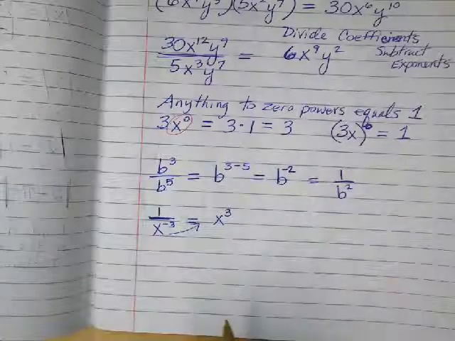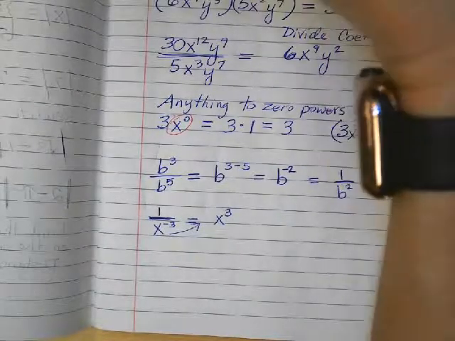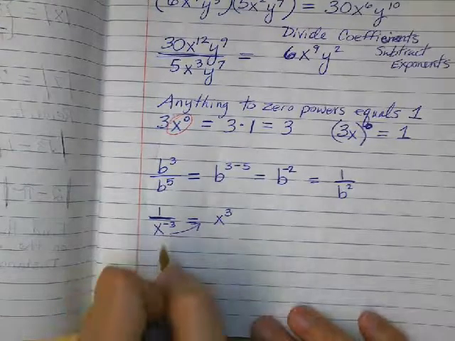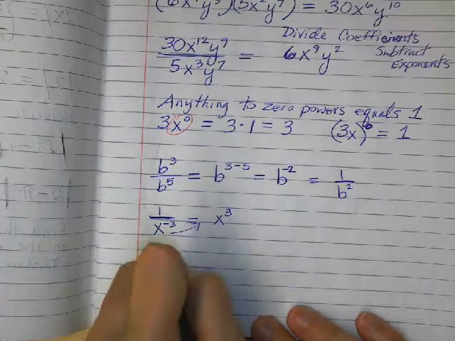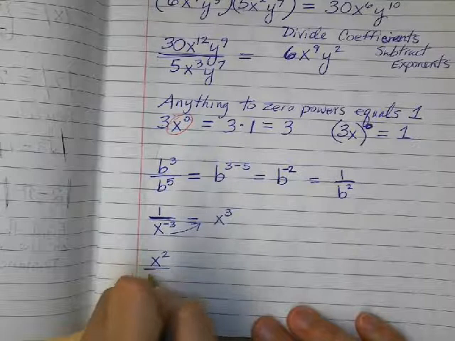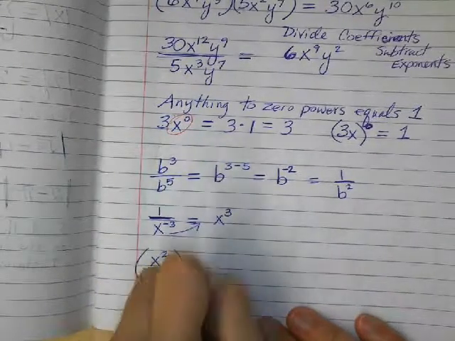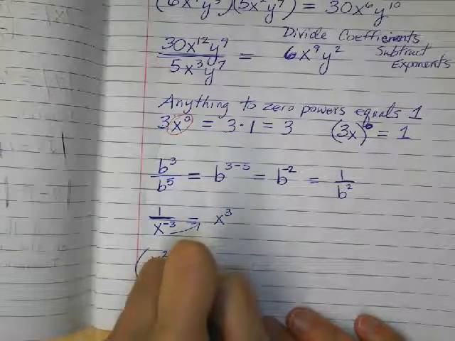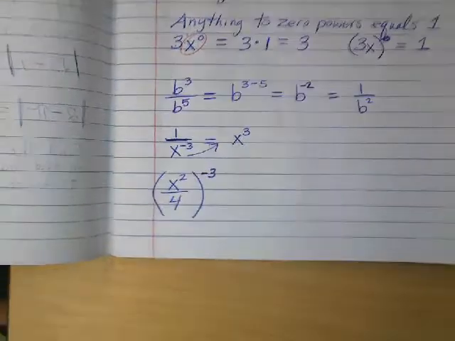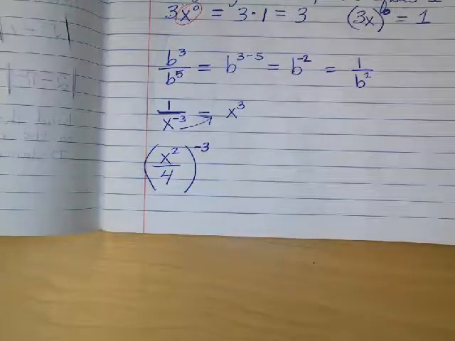Okay, I'll do one more. What if you had x squared over 4, and then the whole thing was to the negative third power? See, they get a little trickier as you go.